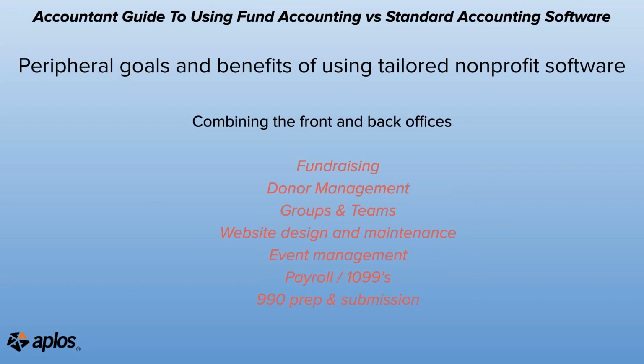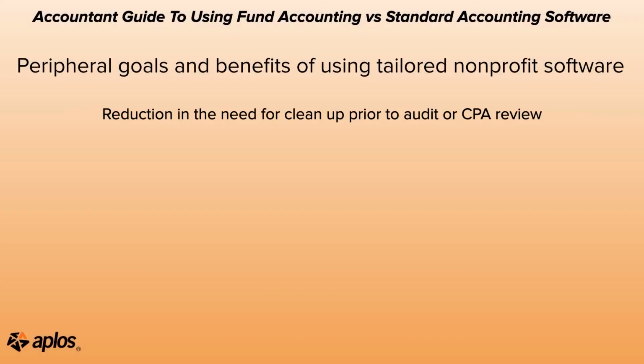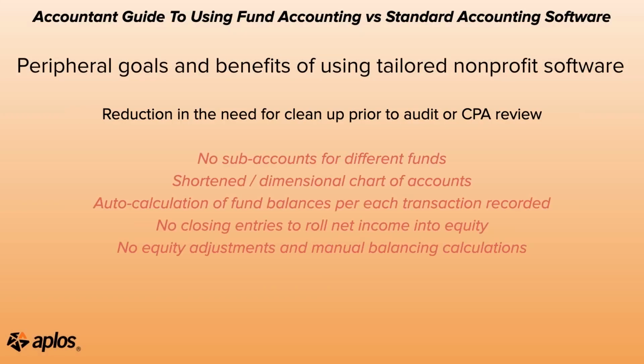It's not completely ripping out the carpet and having to redo everything. They have now been able to use the system, enter good data, pull good reports, give you good information so that it decreases the need for you to basically go work for them for a couple of weeks and clean everything up, right? So those are some peripheral goals and benefits to using the Taylor nonprofit software.